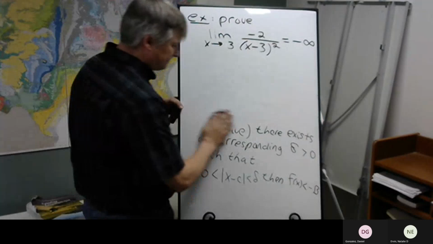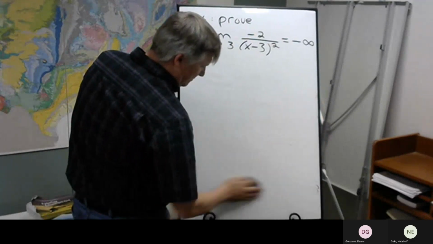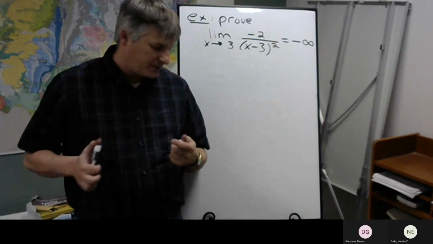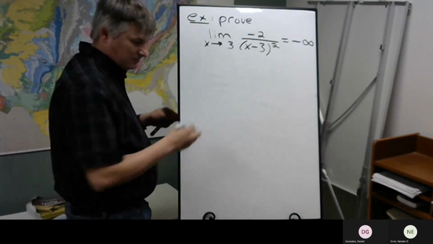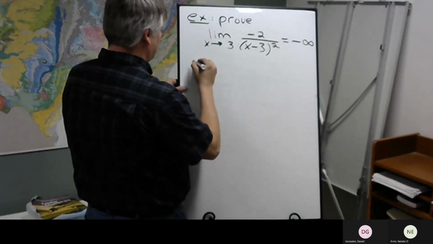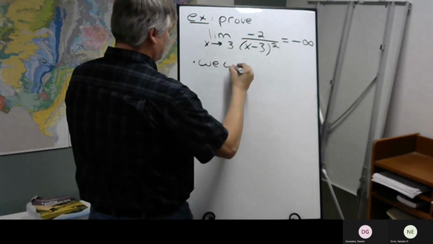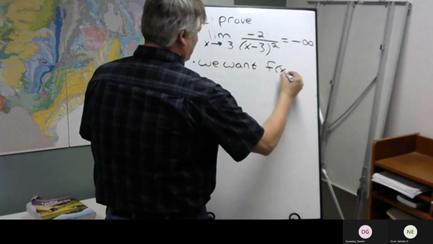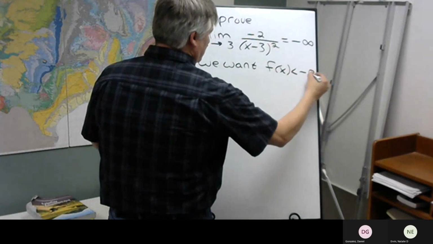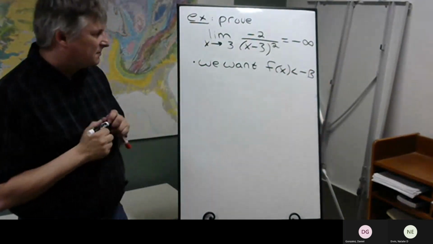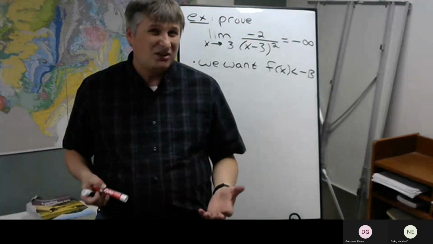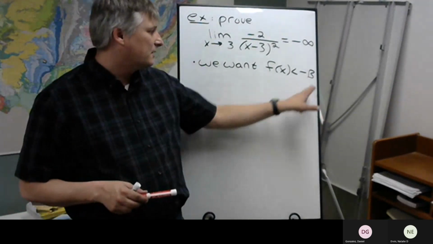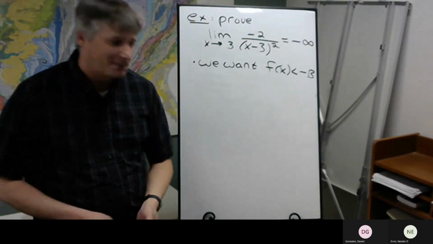And to do that, we're going to start out with this idea. We want to show something like this. And we're going to look for a delta that's going to allow this to happen. So for any number we get here, we can find a corresponding delta.